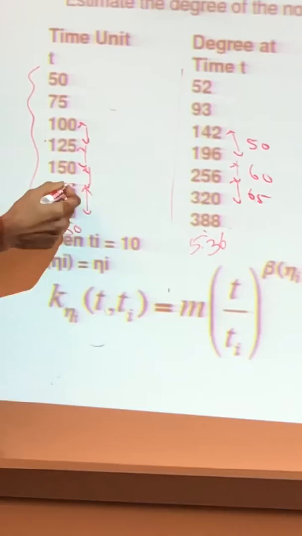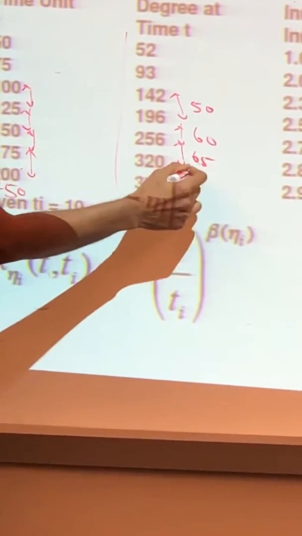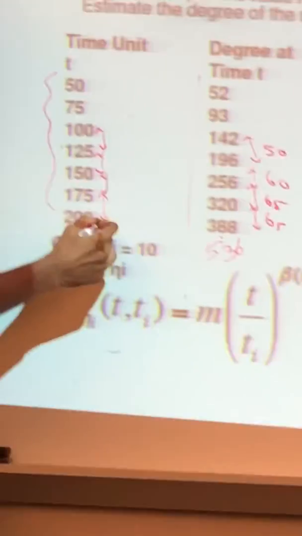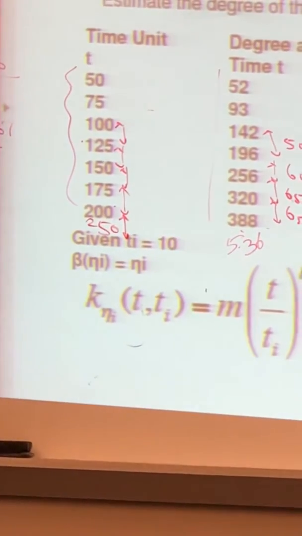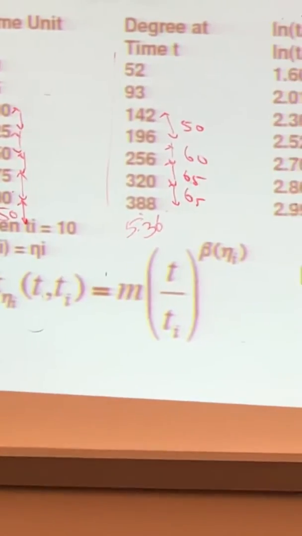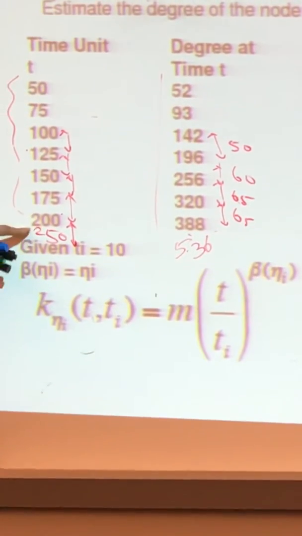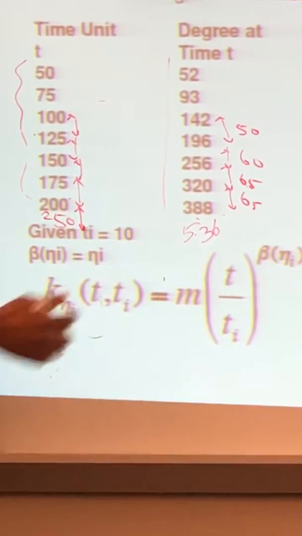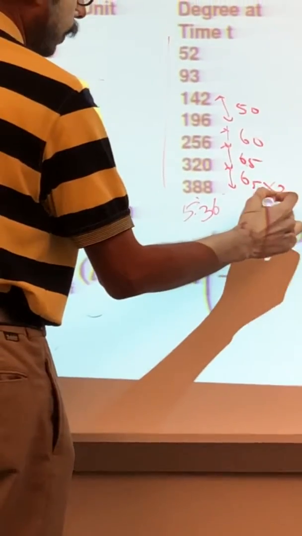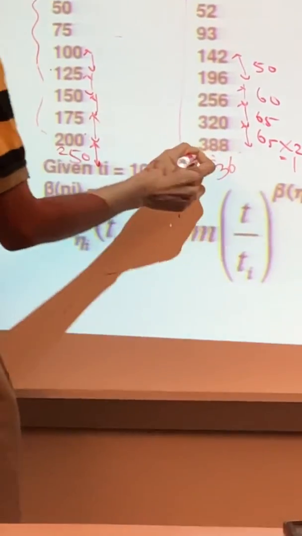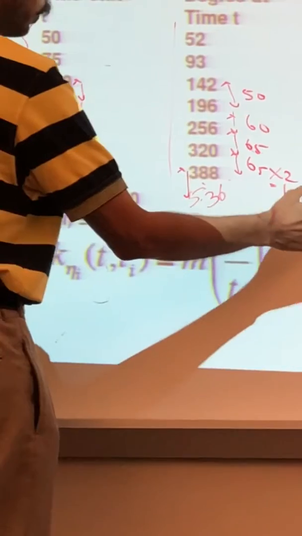This is another increase, again increasing by 65. Now from 200 to 250, it's twice this range. Here everything increases by 25, but here you're increasing by 50. So the degree should also kind of double. So the increase should be around 130 to 150.